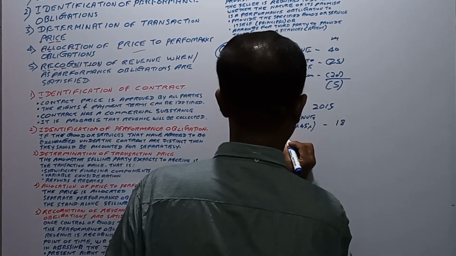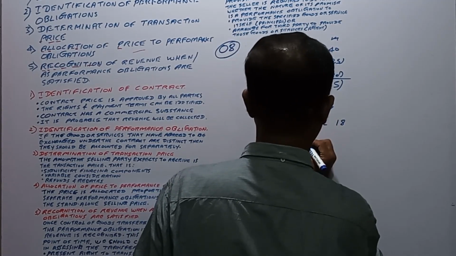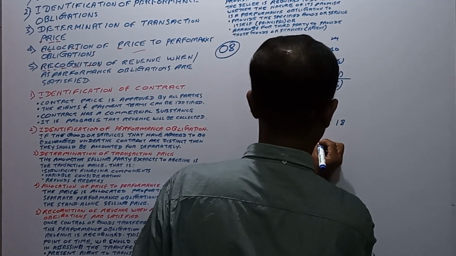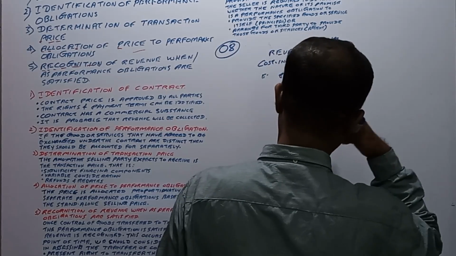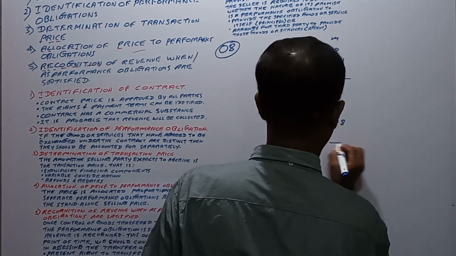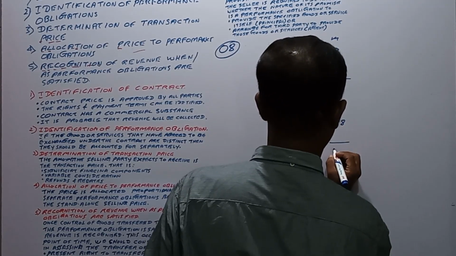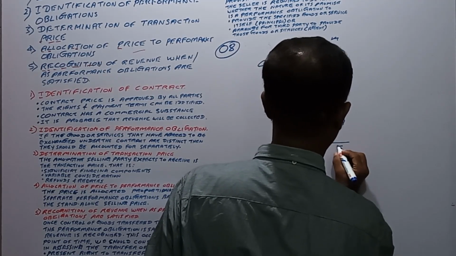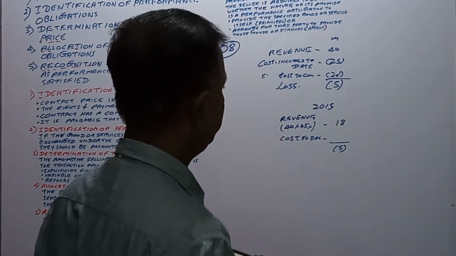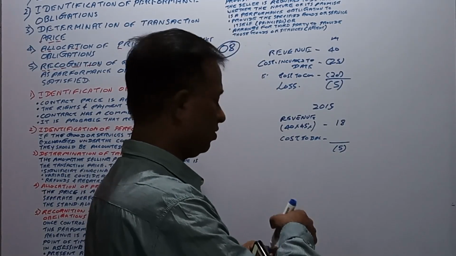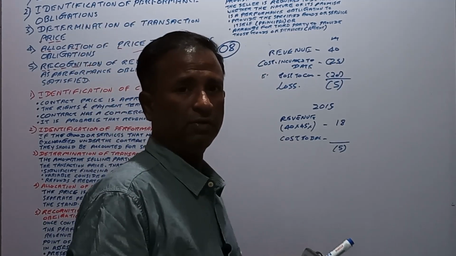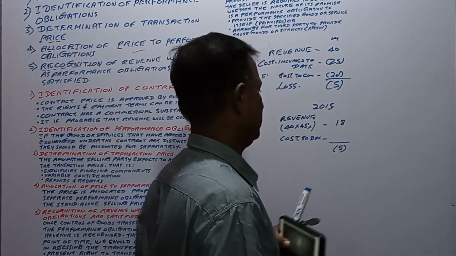Cost to date is not known. Loss is 5 million. Now we have to write off the loss. If we know the loss, according to the prudence concept, we have to write off the loss immediately, right?